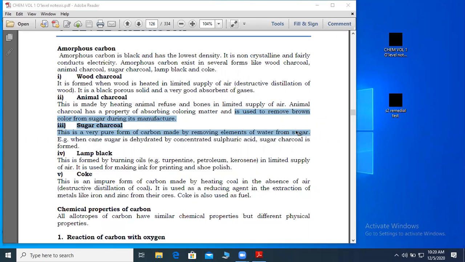People, I hope you are noting. The use of animal charcoal is to remove brown color from sugar during its manufacture.